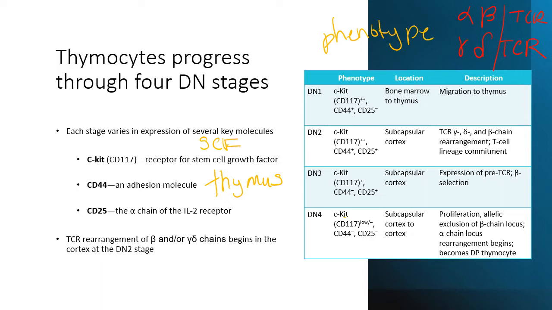And at this stage, they're also going to start trying to make a functional gene rearrangement for the T cell receptor with either a beta chain, option 1, or option 2, you can make both a gamma and delta chain. Well, no wonder 95% of them choose the easy route and just do one chain. That's logical. If you think about all that VDJ recombination stuff, it's much simpler to just rearrange one gene at this stage.